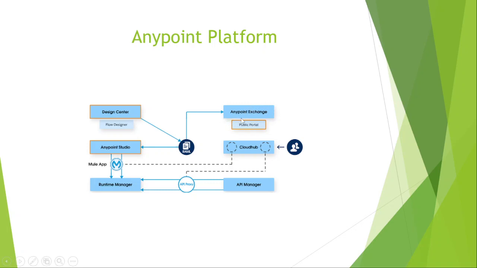Once our API is published, we import it from Anypoint Exchange into Anypoint Studio. Here we do some modification and enhancement in our application. Once the enhancement is done, we can deploy this application to Runtime Manager.